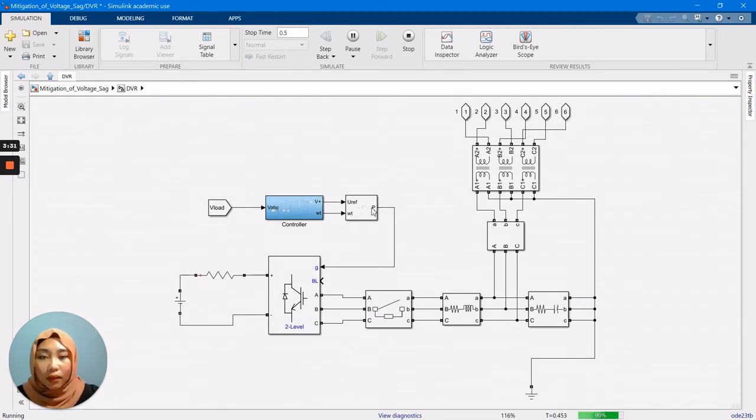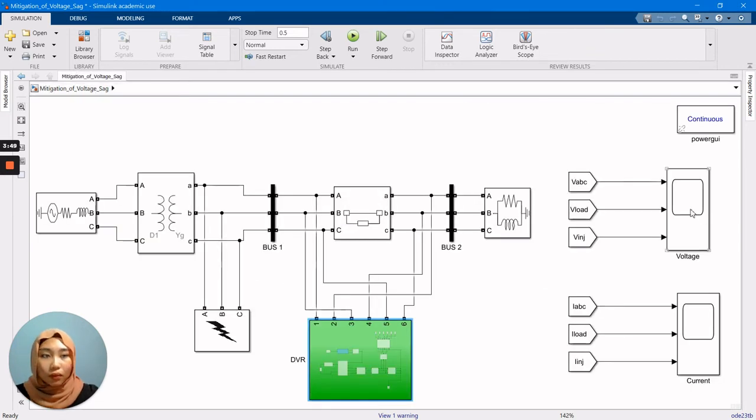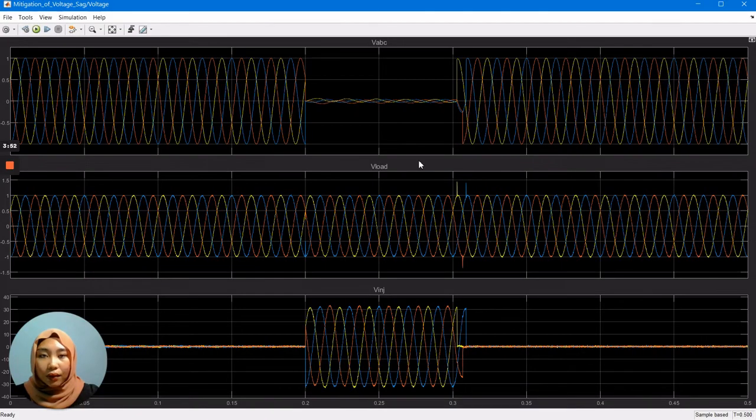The controller will give pulses to the gate, and then the gate will supply the voltage to the injection transformer whenever the fault occurs. So you can see the result here. This is the voltage from the transformer, and this is when the injection voltage occurs because it wants to balance the unbalanced voltage. So this is considered the unbalanced voltage.